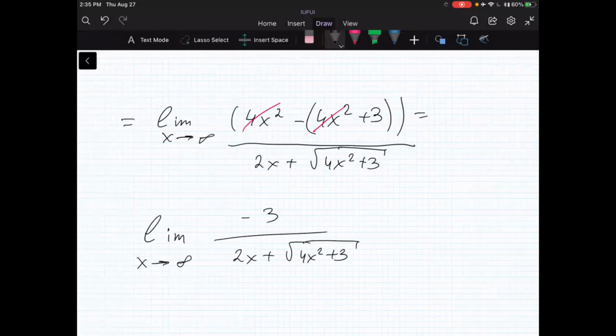But what we see is that the numerator is constant while the denominator is increasing and becoming larger and larger. That means that my limit will be just 0.